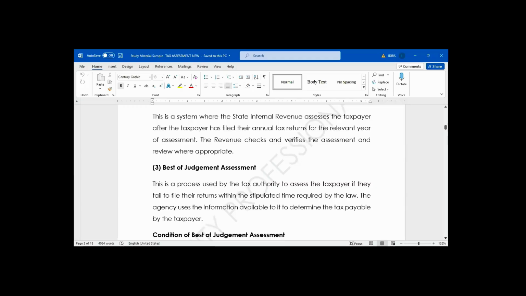For best of judgment assessment, the tax authority will raise the assessment on the taxpayer based on the best of their knowledge, because the taxpayer has failed to provide information.